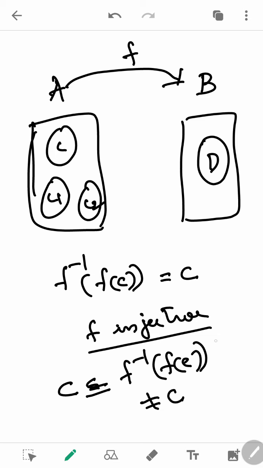But here we are going to prove that F inverse of F of C is equal to C, but an additional condition is given. What is the additional condition? F is injective. If F is injective, we have F inverse of F of C is equal to C.